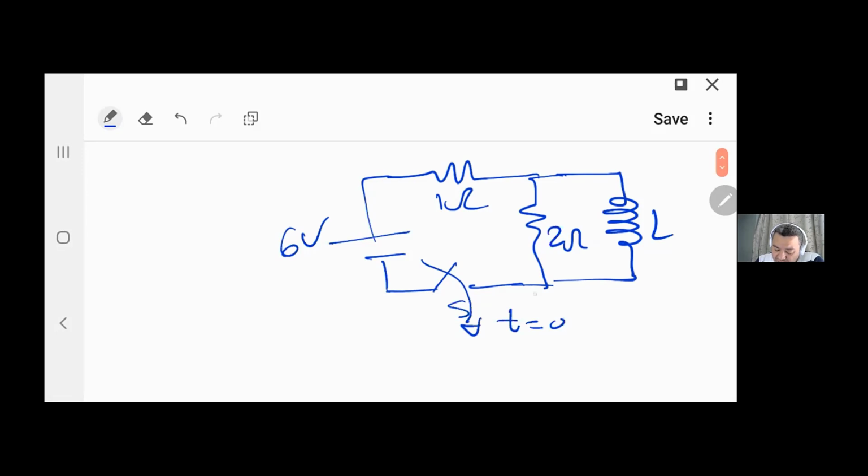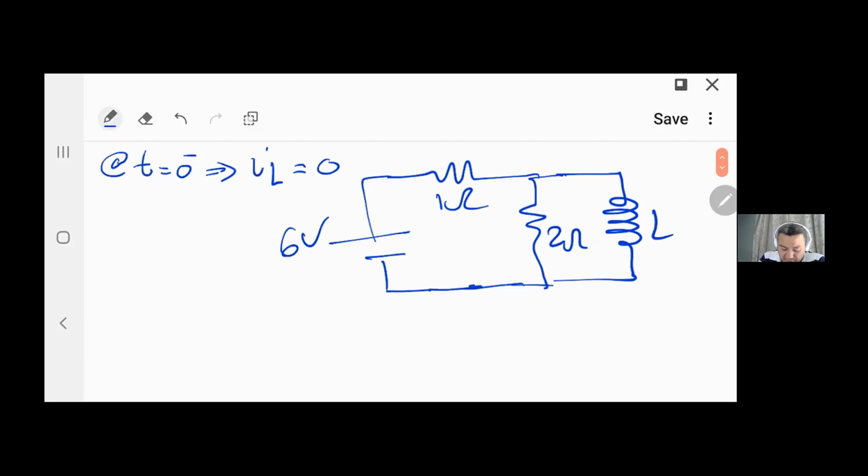When the switch was open, the current I_L at t equals 0 minus was 0. Now, when the switch closes at t equals 0, at 0 plus it has to be the same, so I_L will also be 0.